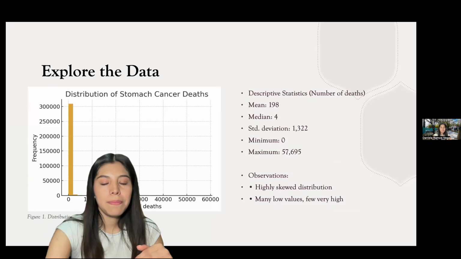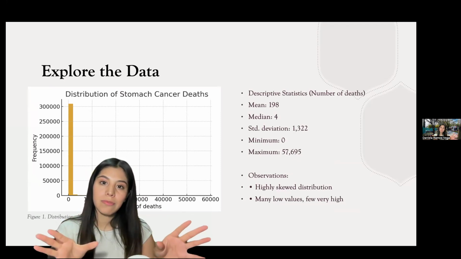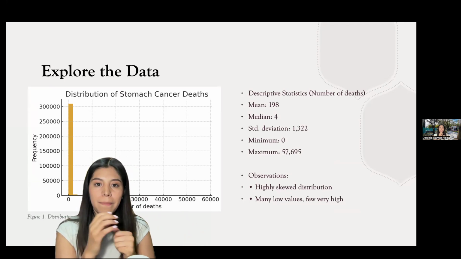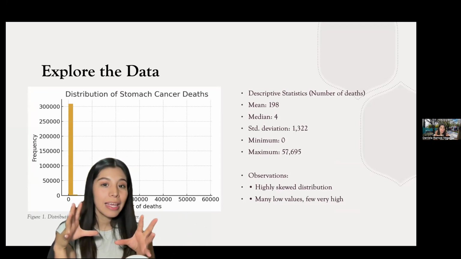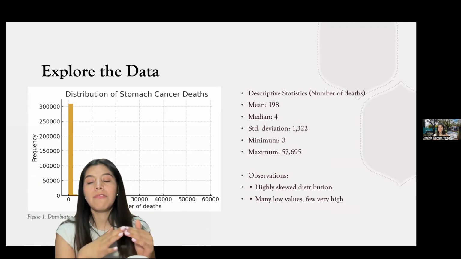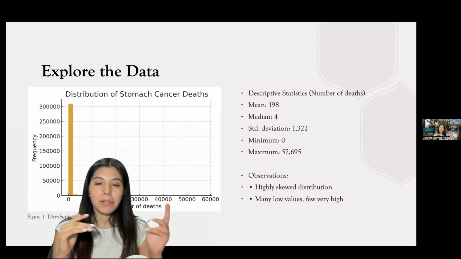So the first step in the analysis was to calculate basic descriptive statistics for the number of deaths, and the result shows a mean of approximately 198 deaths with a median of 4 and a standard deviation of more than 1300.